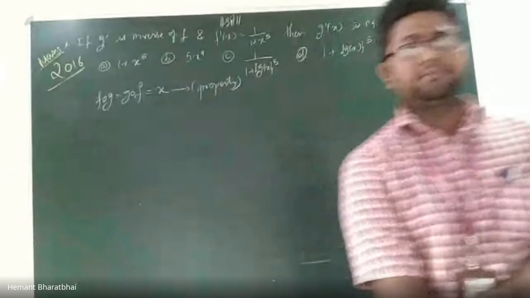So I can write f of g of x is equal to x. Why am I writing f of g? Because he has given us the value of f dash of x.